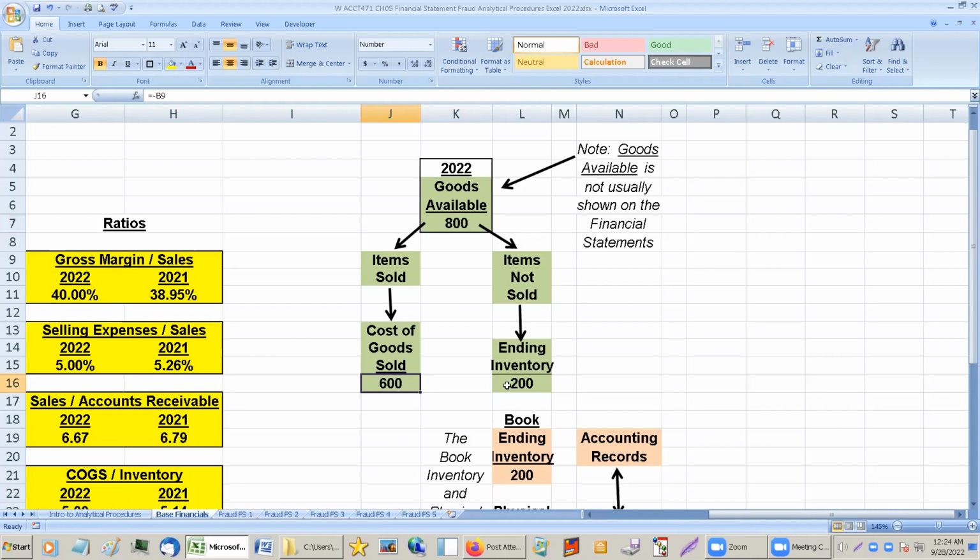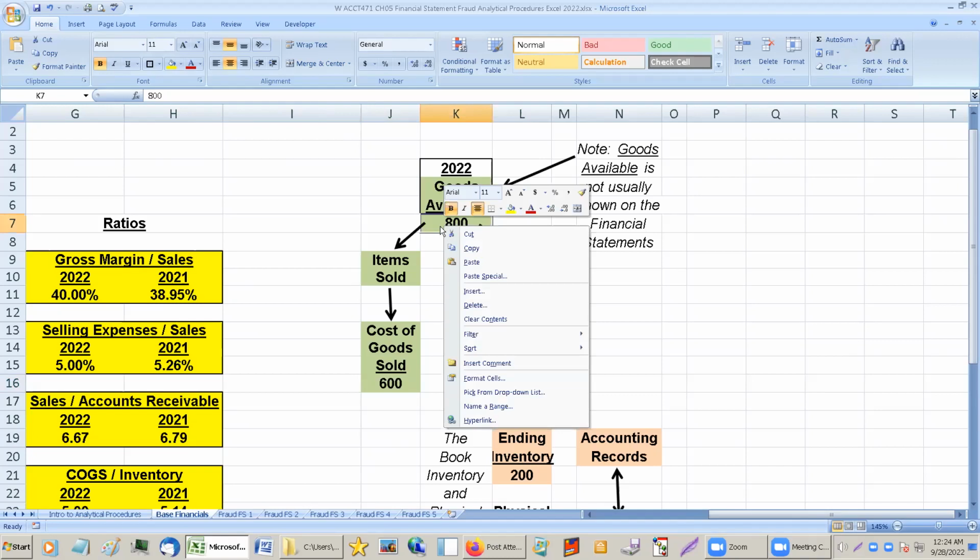If they sold 600, they could have sold another 200 more. Now notice, if one of these changes, the other one will change. So if the ending inventory goes up to 300, then this must go down to 500.